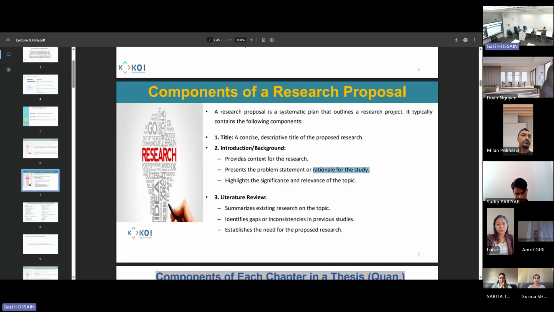It means there was a research gap or knowledge gap previously, and after conducting our research, that knowledge gap or research gap has been covered and fulfilled, which is a significance. And this is the justification of why our research is important, why we need to conduct our research.